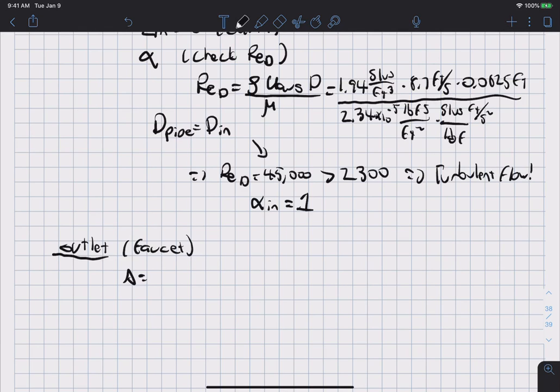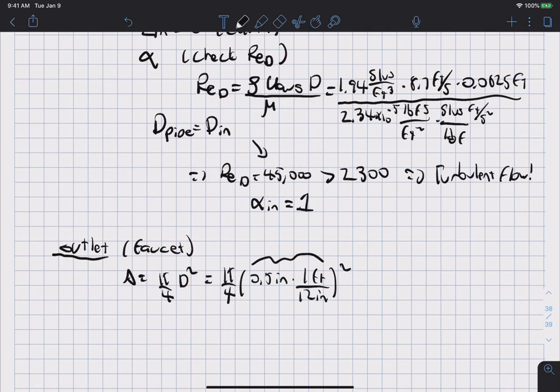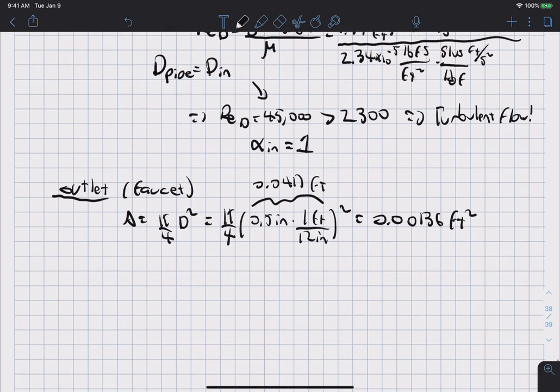Okay, and A equals pi over 4 D squared, and that equals pi over 4 times 0.5 inches, and I'm going to convert that to feet, times 1 foot over 12 inches, that whole quantity squared, and because we'll need this length later on, that's 0.0417 feet. And so the cross-sectional area at the exit is 0.00136 square feet. Okay, and then the average velocity equals Q over A.